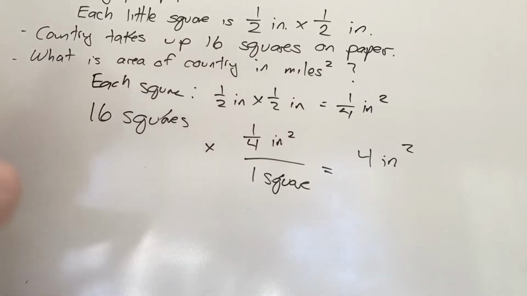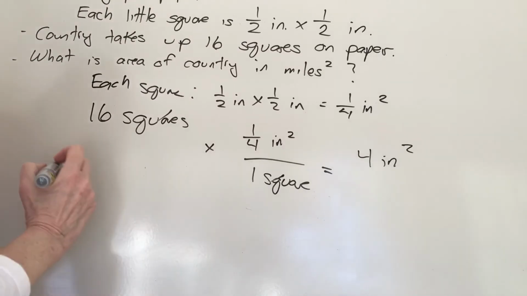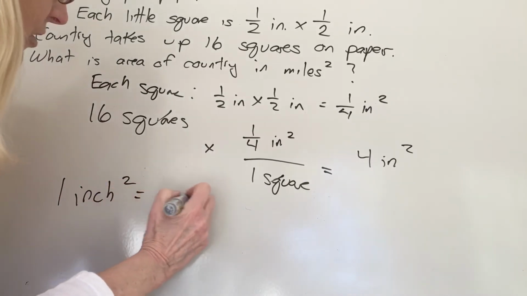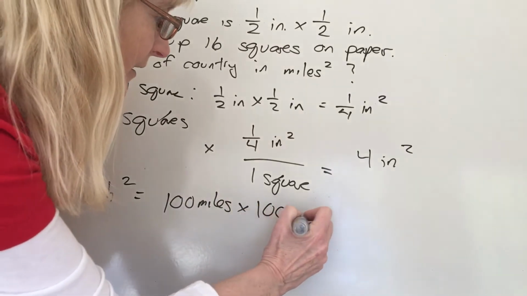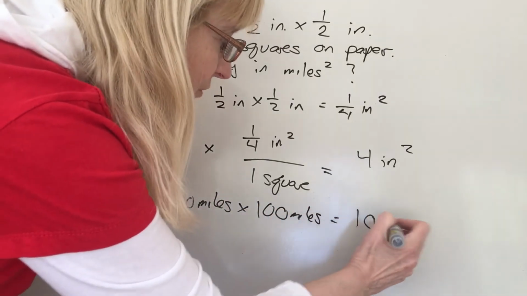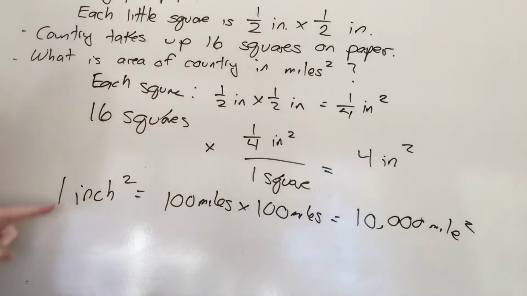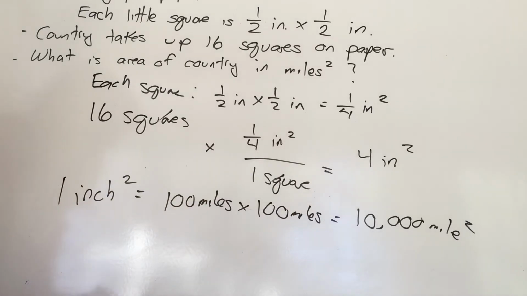But now we want to convert that to miles squared. So we know that on our map, 1 inch equals 100 miles, right? So 1 inch squared is equal to 100 miles by 100 miles, right? Which is, I think, 10,000 miles squared. So each inch squared is equivalent to 10,000 miles squared. And so let's see, how many inches squared did we have?